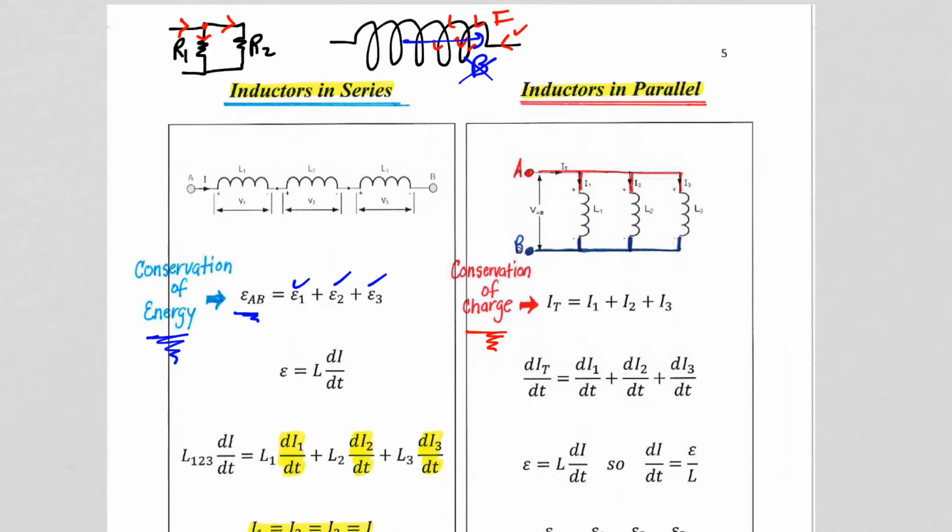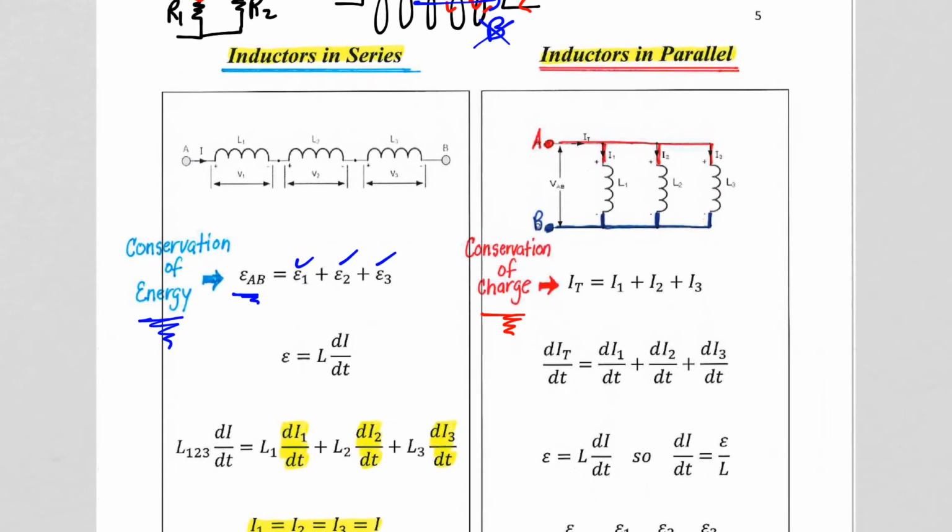Notice for our induced voltage, I've left off the negative. Just like with Ohm's law, V equals IR, it was often a voltage drop, but we don't put the negative when just talking about the magnitude of the drop. So I'm really just looking at the magnitude of the induced voltages that are here.